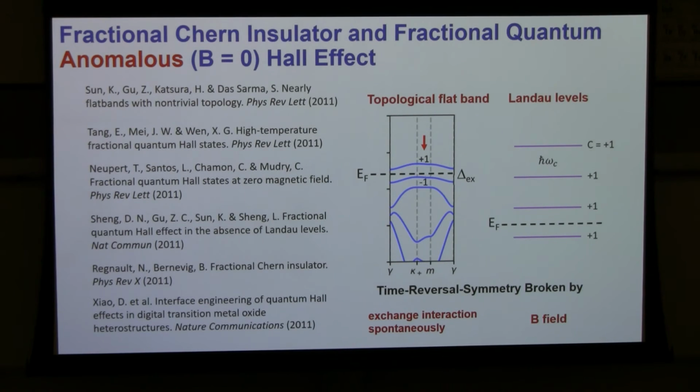And the analog of that in this 0 magnetic field version is that, okay, let's borrow some exchange energy that breaks the degeneracy between this band that has Chern number +1 and the band that has Chern number -1. Then we partially fill it. Maybe we get a gap open at fractional fillings. Okay? Phenomenologically, just to mimic Landau levels.